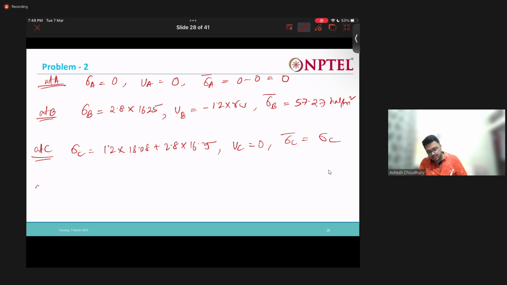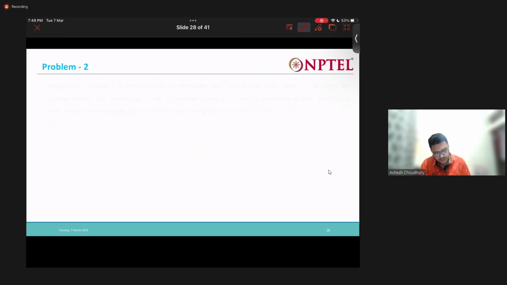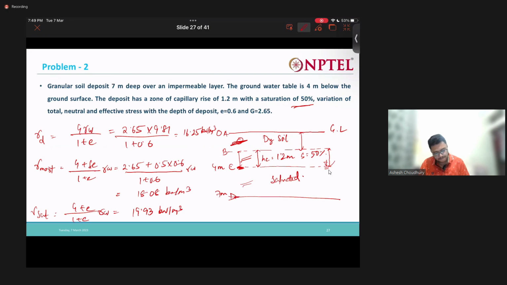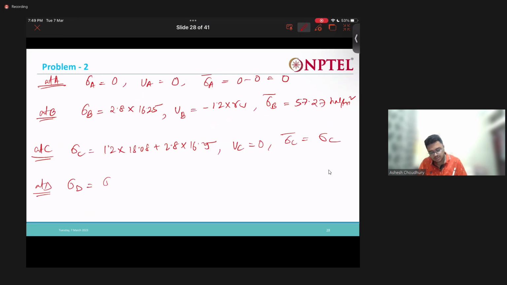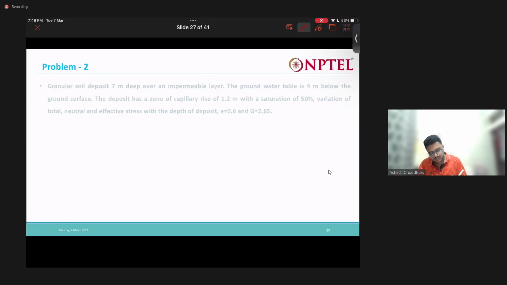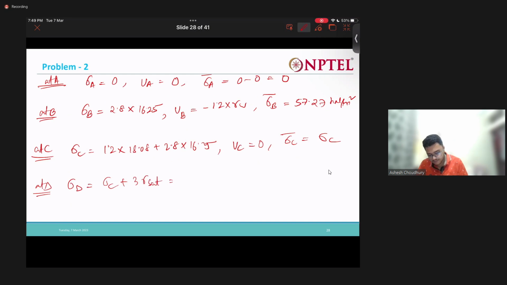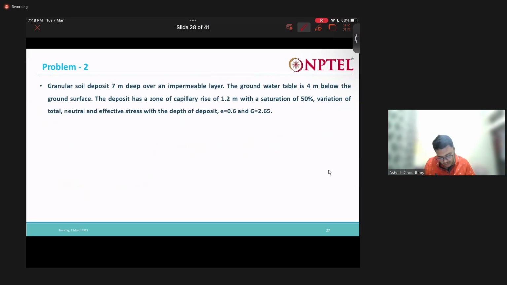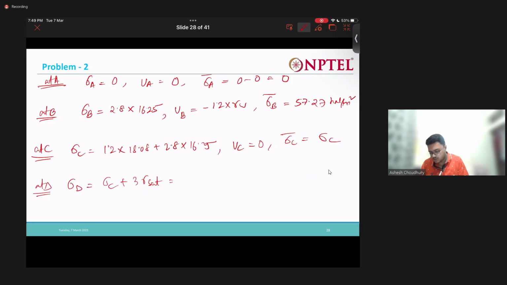Next at D, what is my total stress? Total stress at D is total stress at C plus 3 into gamma sat, which is 19.93. That gives 126.986.